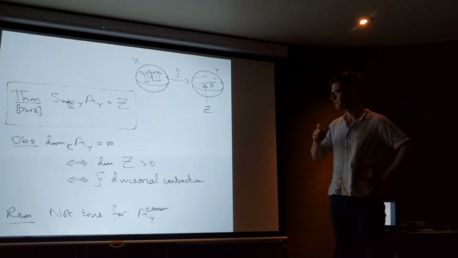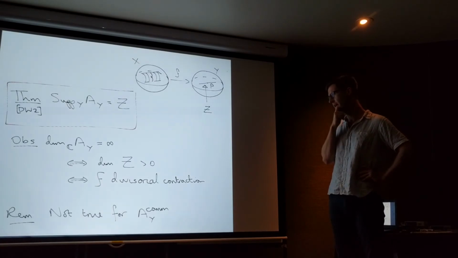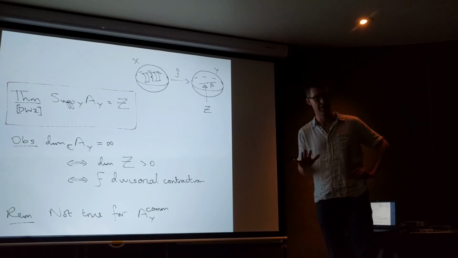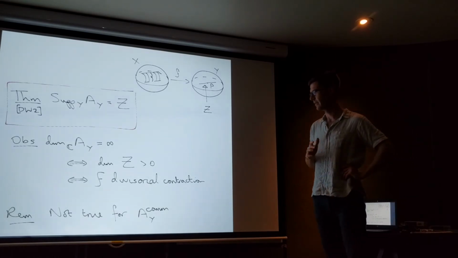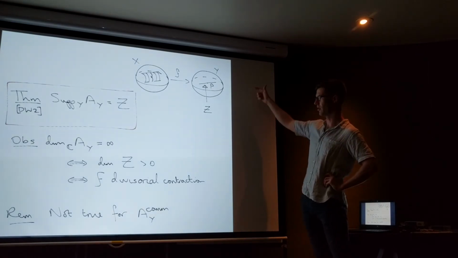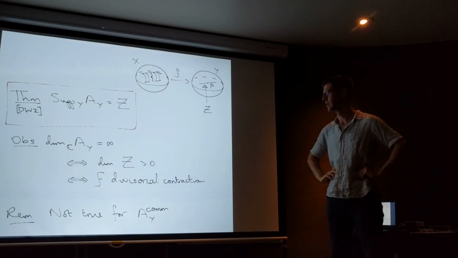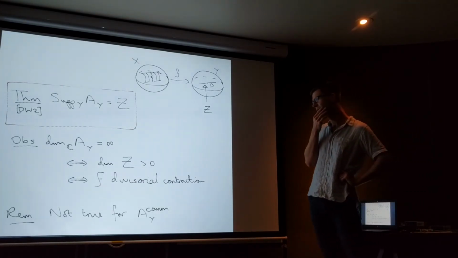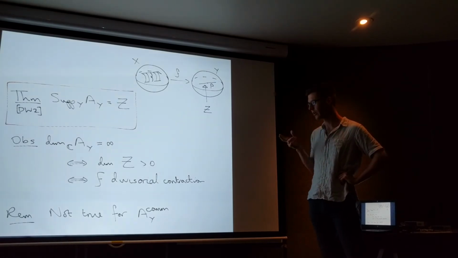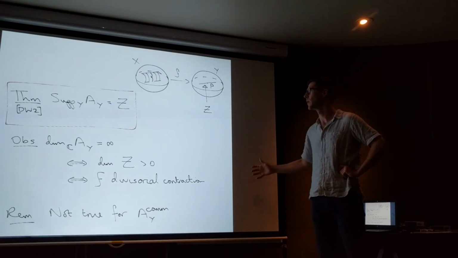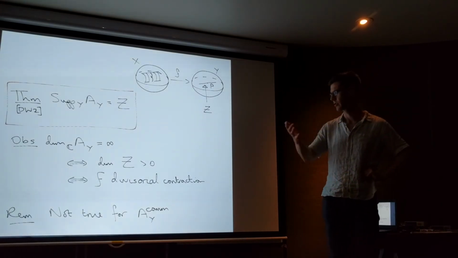And as a corollary, if the dimension of this AY, just as an algebra over C, is infinite, then the dimension of the non-isomorphism locus must be positive. It can't just be a point. And so, depending on the dimension of this AY, I can detect whether this F was a divisorial contraction.